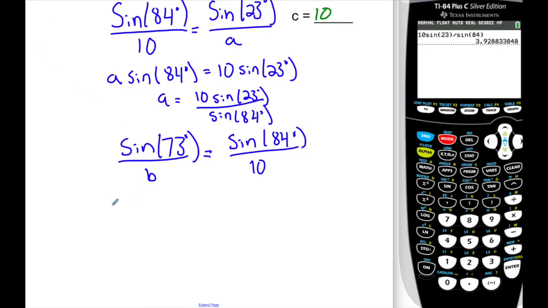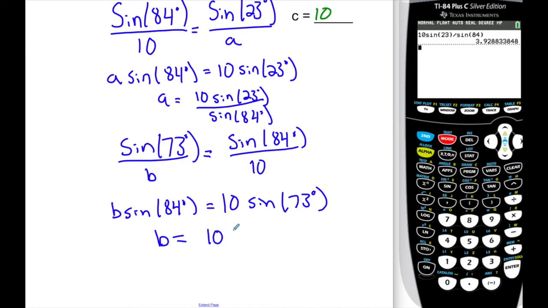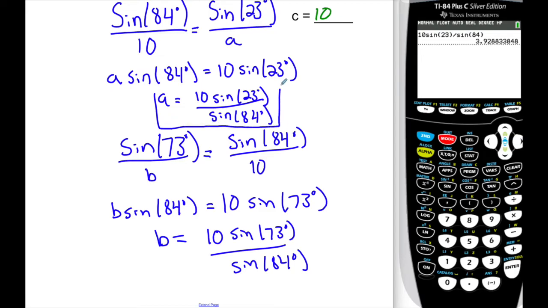Okay, if I cross multiply, I get b times the sine of 84 equals 10 times the sine of 73. And getting b alone, b is equal to 10 sine 73 over sine 84. So it was actually very similar to the previous one. The difference is that instead of the sine of 23, I'm doing the sine of 73.